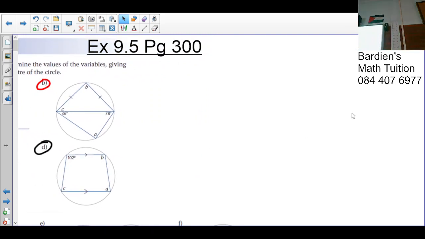Let's look at B. What can be calculated first? A. How are you going to calculate A? Sum of angles in a triangle. So A plus 36 plus 78 equals 180.